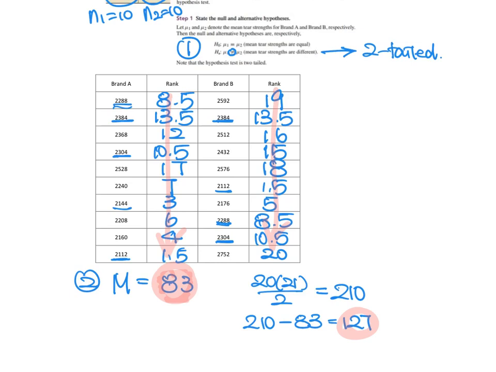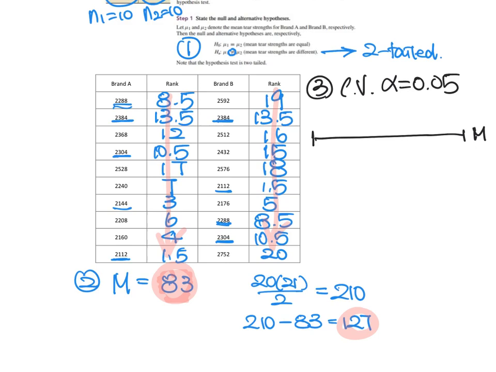Then now we have to take the critical value. For the critical value, let me say alpha is equal to 0.05. Then the possible value for the test statistic M is from 0 to the maximum, 210.